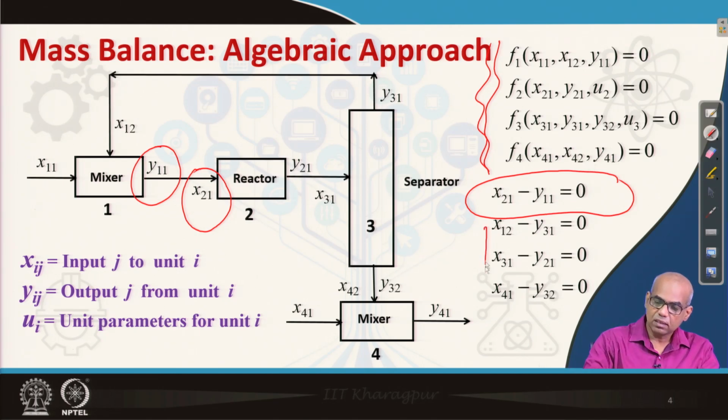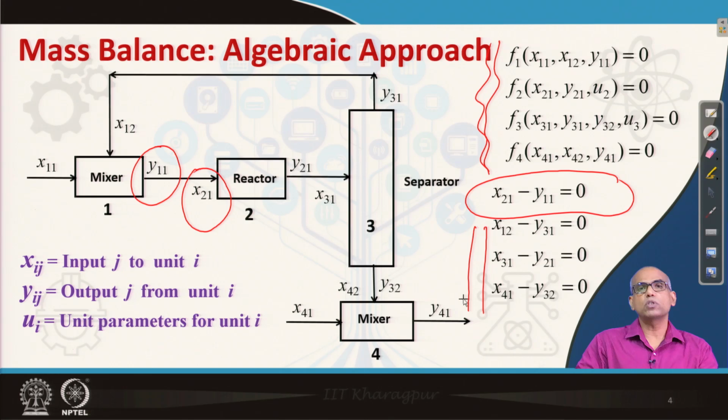Similarly, all these equations need to be solved simultaneously with the equations F1, F2, F3, F4, which represent mathematically the energy balance or mass balance around each unit. This information can be easily coded and solved on computers.